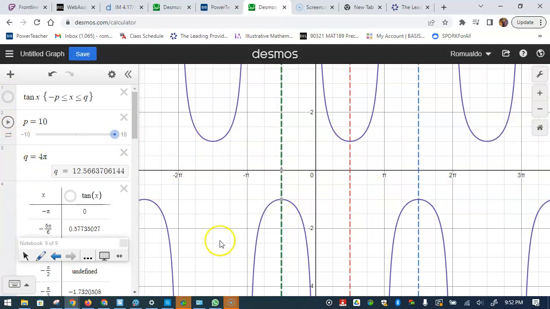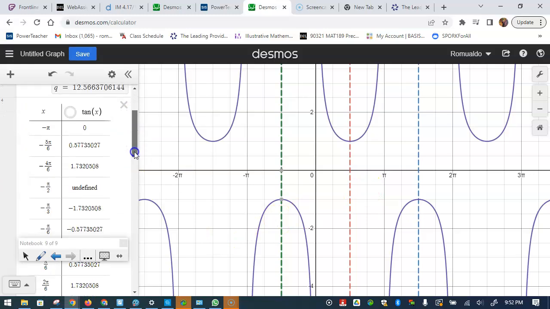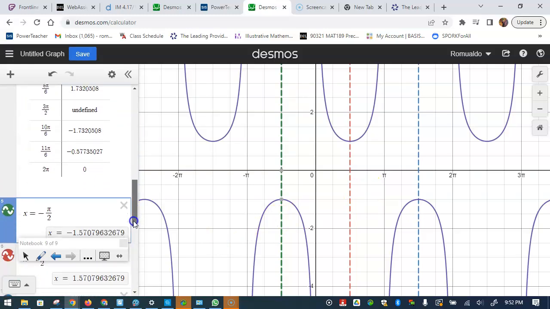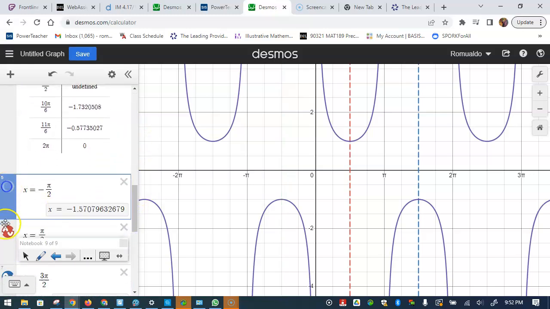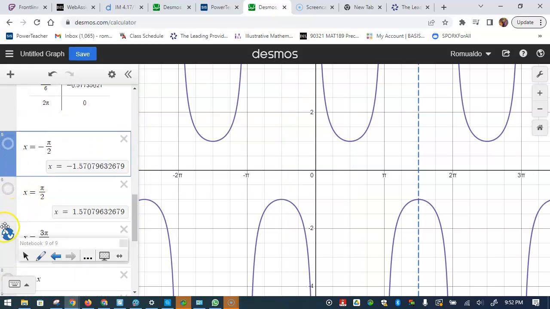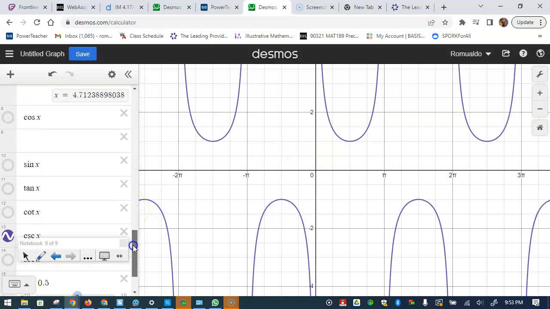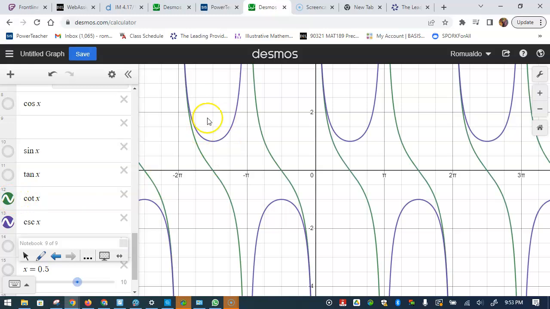So this is for cosecant. Let me take out this. Okay, so this graph is cosecant. And let me put a graph of cotangent also at the same time. That's better. Cotangent is a graph that looks this way.